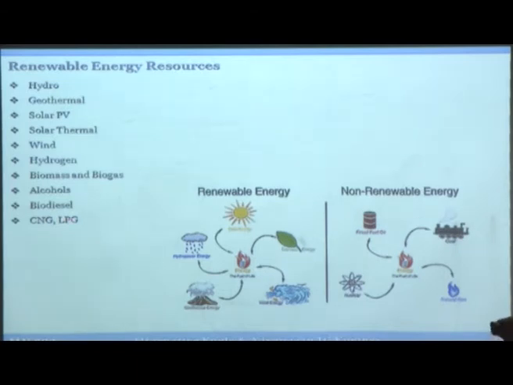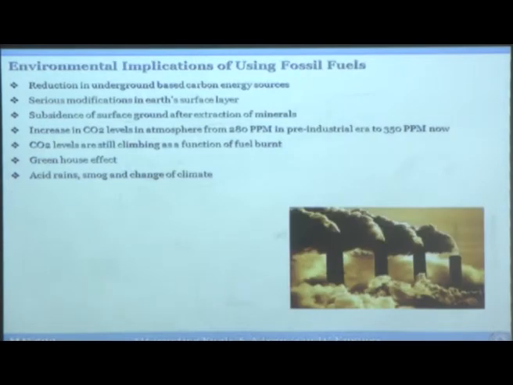Okay. So from that perspective, it is renewable. If you are taking it out from the earth crust, it is non-renewable. Okay. So these are some of the renewable energy sources, and among non-renewable energy sources, even nuclear is non-renewable. Once the fuel is spent, it is spent. Natural gas, petroleum, coal, these are all non-renewable fossil energy sources.